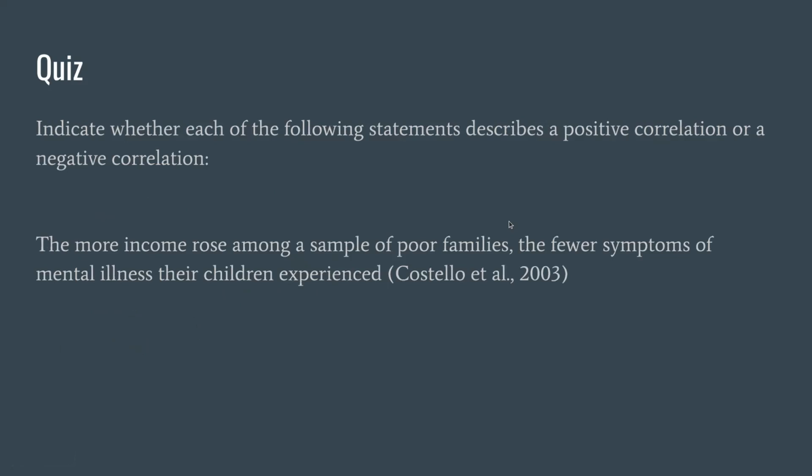Now indicate whether each of the following statements describes a positive correlation or a negative correlation. The more income rose among a sample of poor families, the fewer symptoms of mental illness their children experience. When you see a statement like this, the first thing you want to do is identify two variables. What are the two variables in this statement?